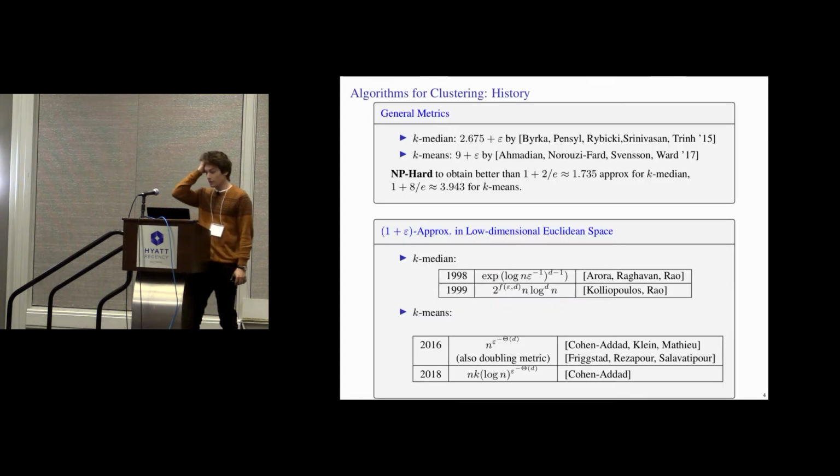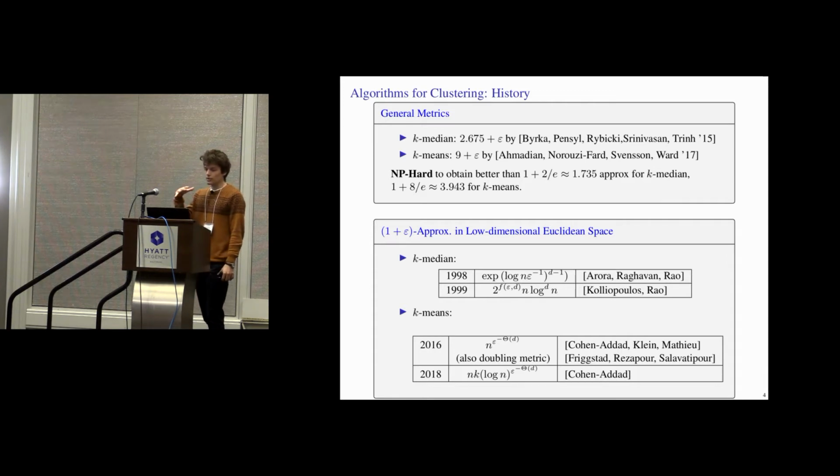Okay, brief history. Kartik did a bit of it. In general metrics, you can approximate k-median up to 2.67 and k-means up to 9. And it's NP-hard to get good approximation for k-median and for k-means, as was presented at the end, even in Euclidean metrics.